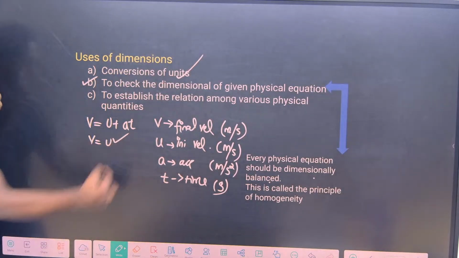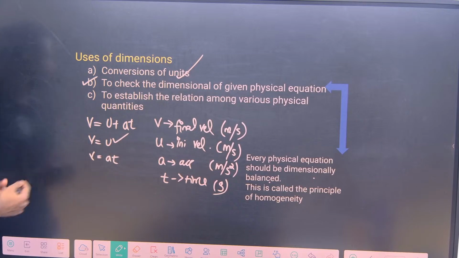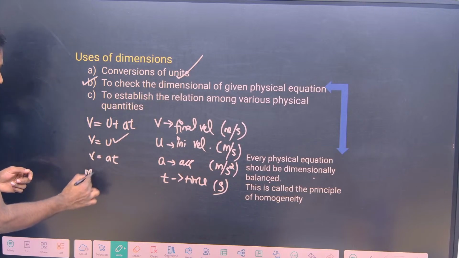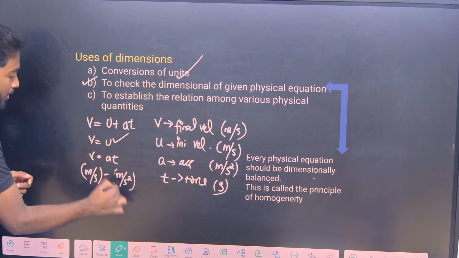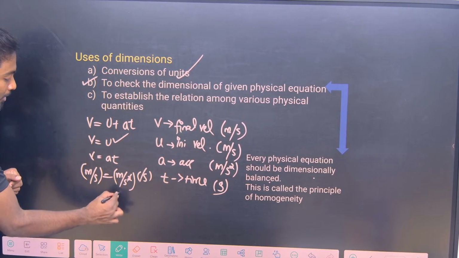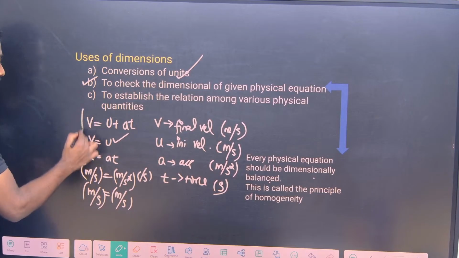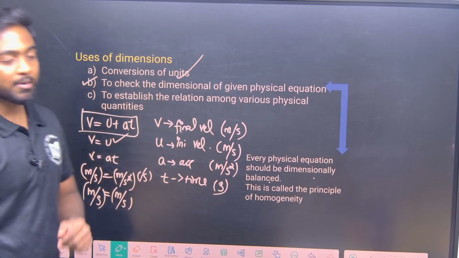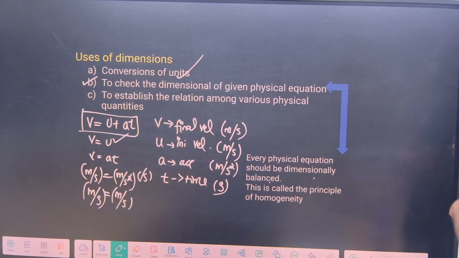Now V is equals to AT. Here meter per second. What about here? It is meter per second square into second. So second square and second will get cancelled, giving meter per second and meter per second. Yes, it is dimensionally correct. The equation is correct.